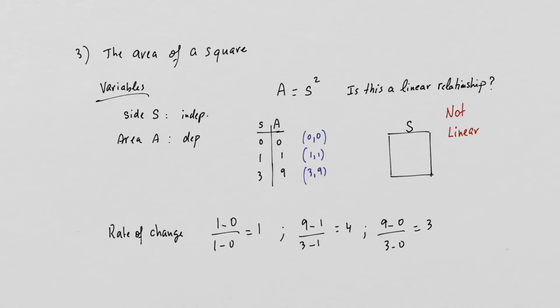Now, just for fun, I decided to also use these 2 points. You don't have to, okay? The moment they don't match, you could stop and say that the relationship is not linear. Now, if they do match, you have to continue, right? Because all of them have to match. So just for fun, I'm going to try the first point and the last point. 9 minus 0 over 3 minus 0. And that gave me 3. None of them match.